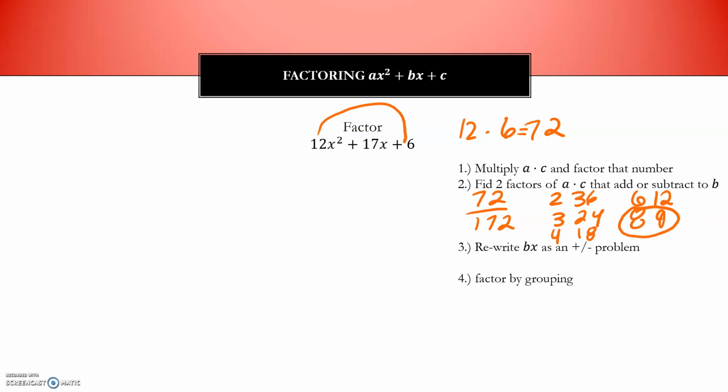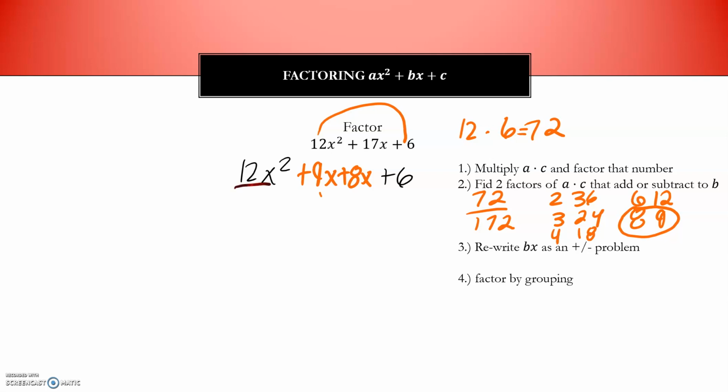We know that 8 plus 9 is 17, so that's how we're going to split up bx: 12x squared plus 9x plus 8x plus 6. Is 9x plus 8x 17x? Yes, I've done this correctly.